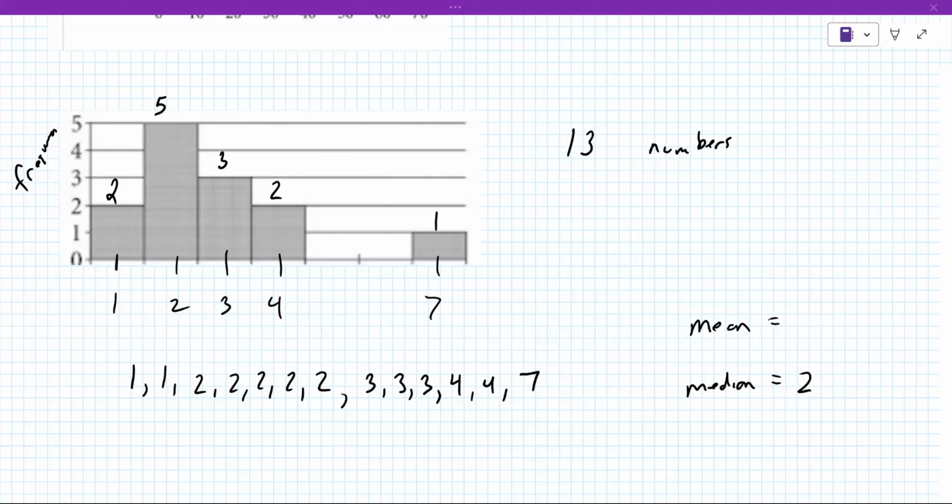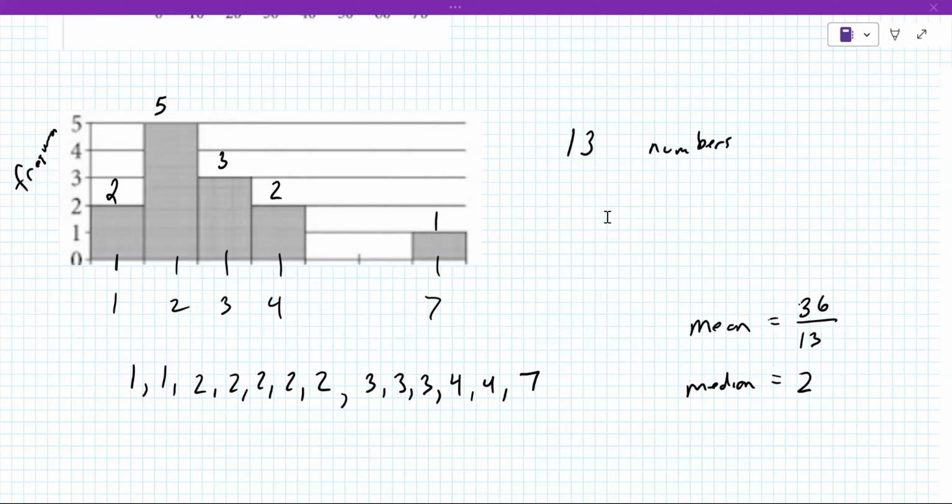I got 2.8. Yes, did you get like a little bit more rounding, but like 36 divided by 13? Yeah. Okay, very good. All right.